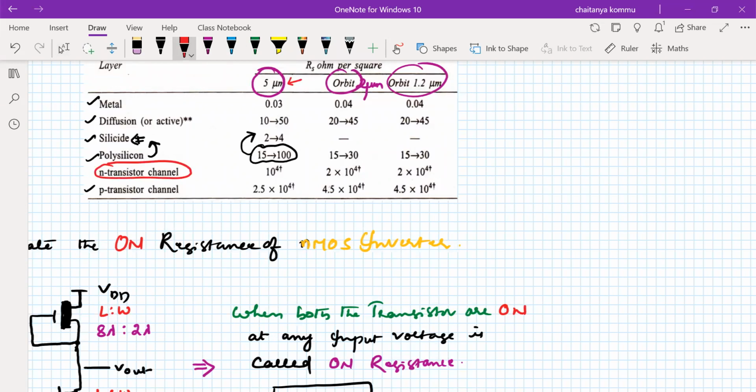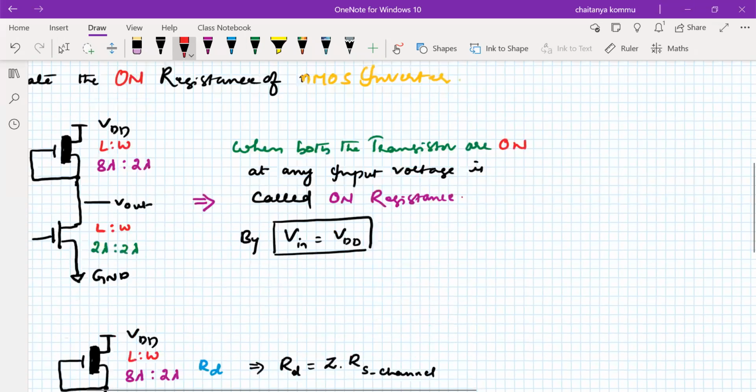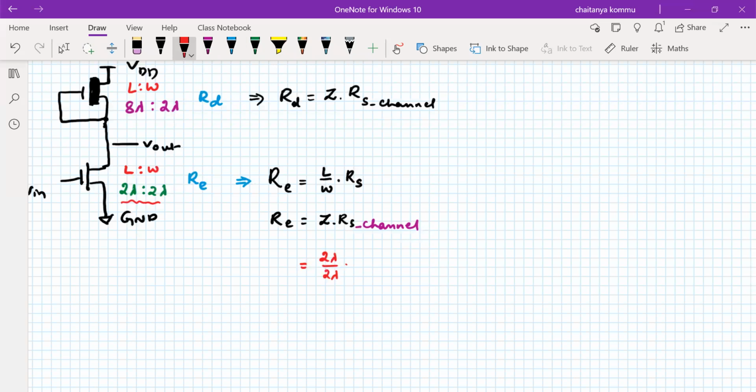Let us consider 5 micron technology. The value of this one is 10 to the power of 4 ohm per square.